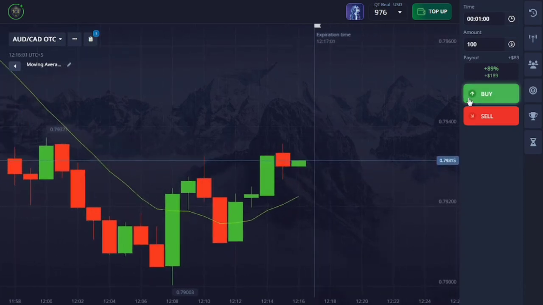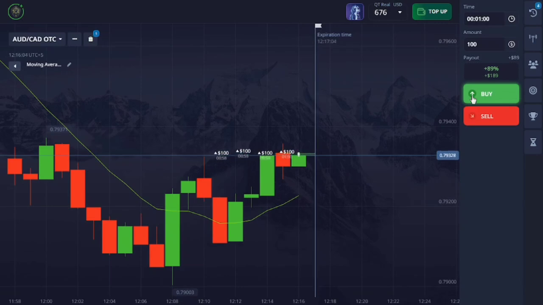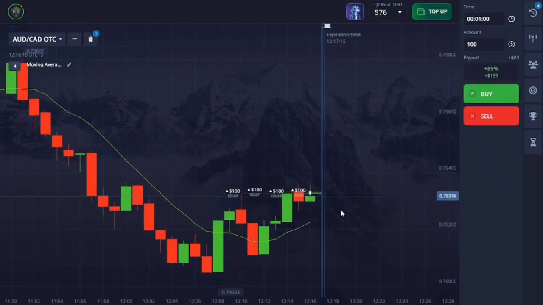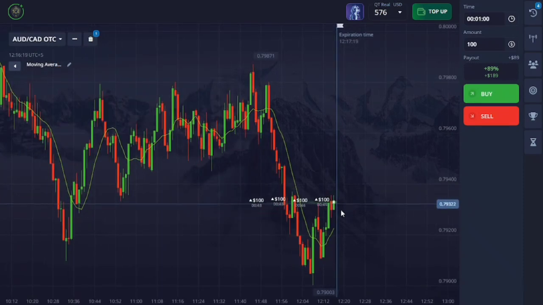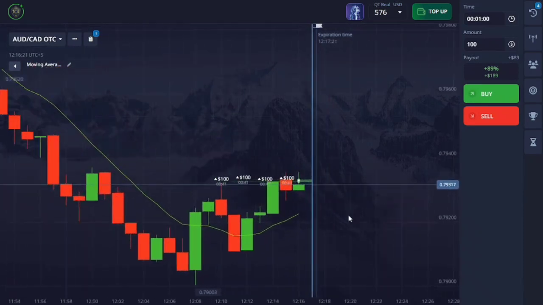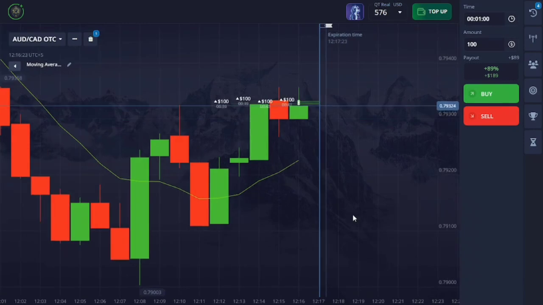And after waiting a little here, I have placed trades of $400. The reason for placing the trade is that the market has to go up from here, and you can see that the market is going up according to our analysis.